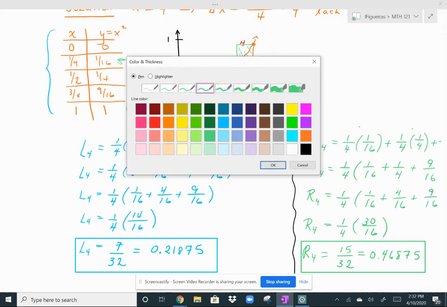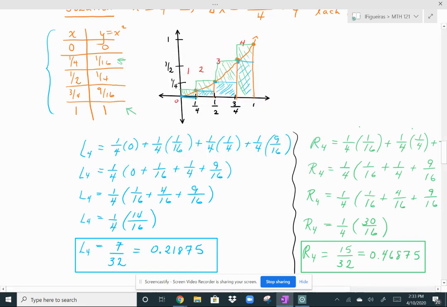So let me pick a different color. Let's say I pick purple here. So the midpoint of 0 and a fourth here would be 1/8. And the midpoint here would be 3/8. And the midpoint here would be 5/8. And the midpoint here would be 7/8.